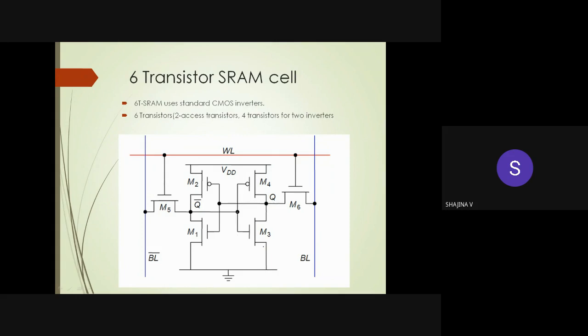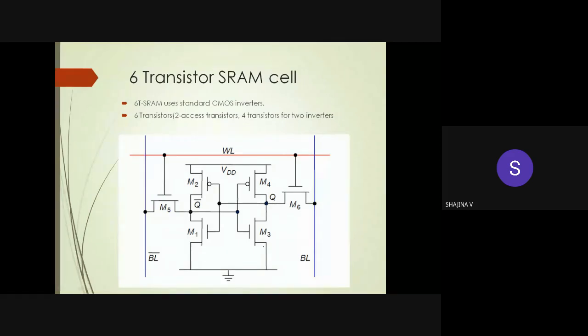So for this transistor combination, M3 and M4 together create one inverter. This point is the input and this will be the output. And this other pair, M1 and M2, constitutes the second inverter. Here the input point is this one, and the output point is this one.